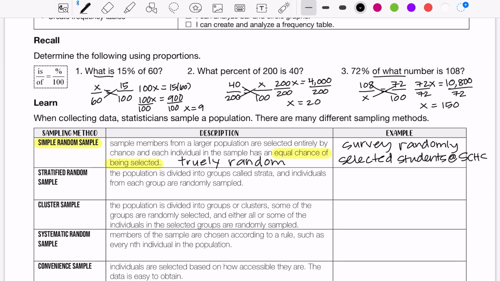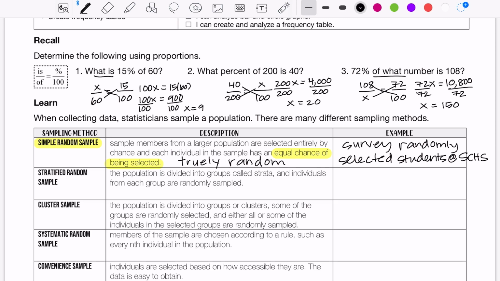Similar is like when I'm using the calculator to pick random people in our class. When I ask questions and things like that, there's a random number generator, and it's essentially taking all of your roster numbers, putting them in a hat, and then randomly picking them. So that is an SRS, or a simple random sample.